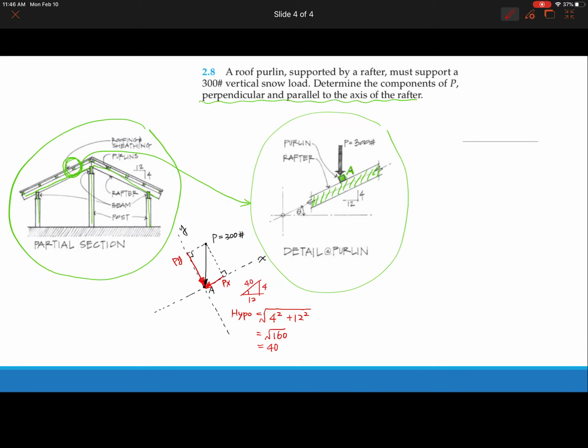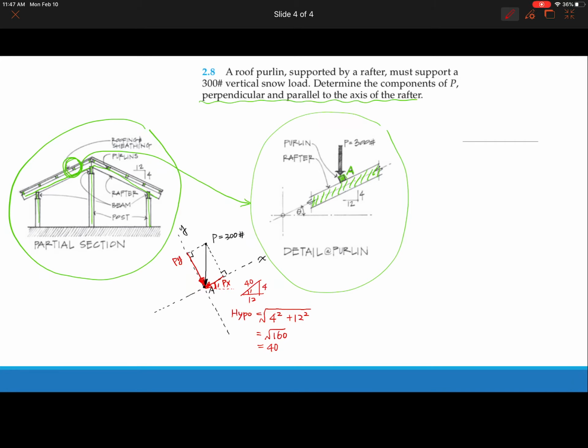Let's say this is angle 1. If you draw a line parallel to this angle, there is another angle which is also angle 1, because they are parallel lines, right?